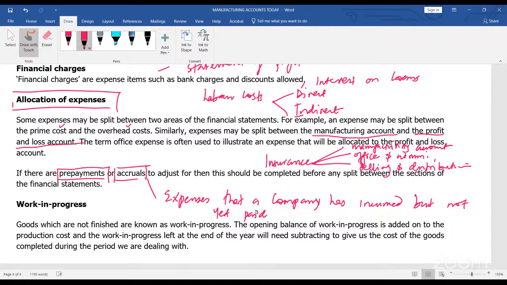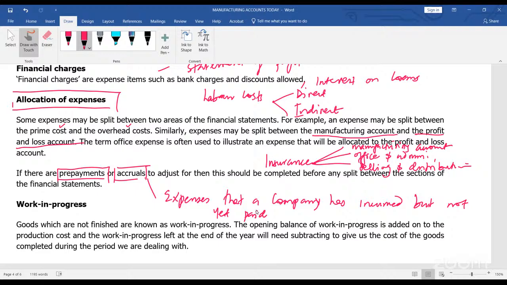So the payment is pending, in other words. For example, you may find you have unpaid wages, you have unpaid electricity bills, you have interest expenses that have not yet been paid. So those are accrued expenses. And of course, these are liabilities to the company.